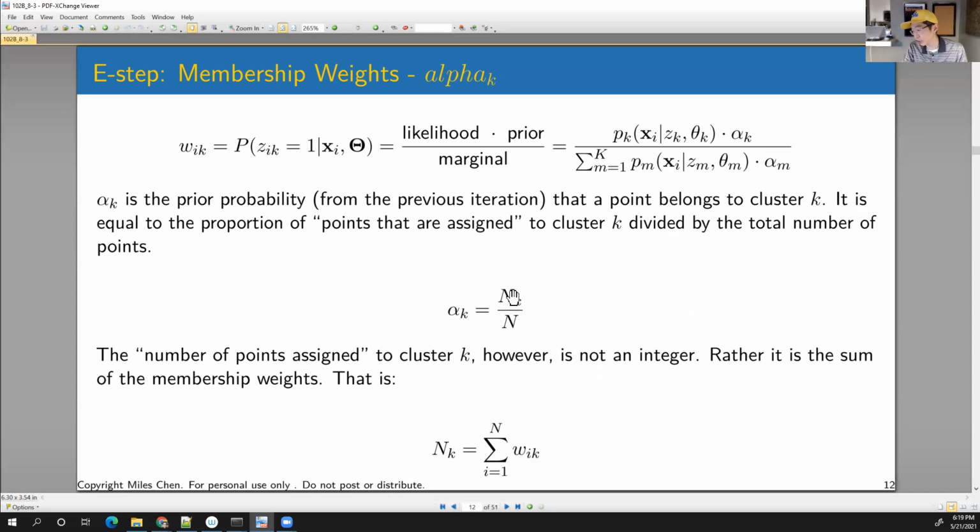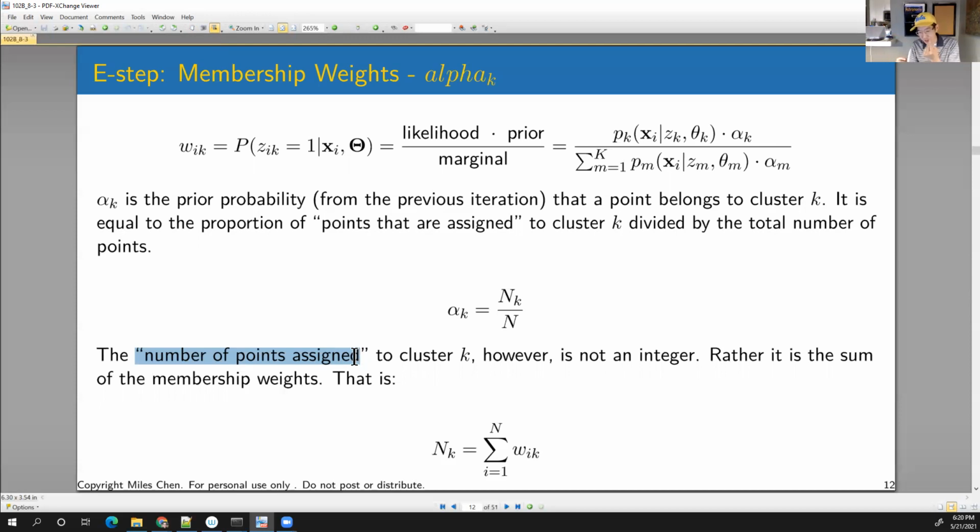The tricky thing here is that the number of points that belong to cluster K is not going to be an integer, right? With k-means clustering, you just assigned points to a cluster and that was it. But here we get probabilistic assignments.